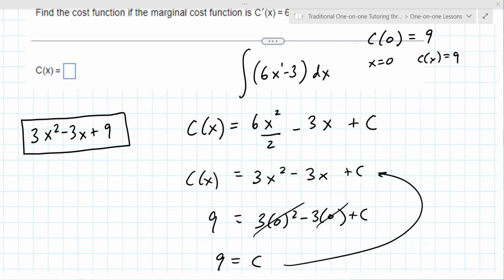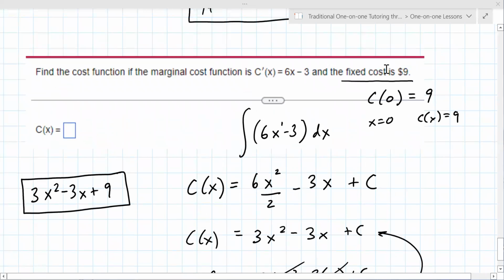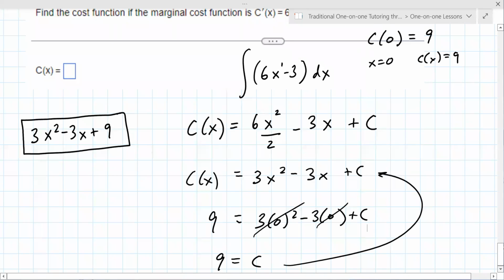Got it. Okay. All right. Now the value of C is not always the number they give you. Sometimes it is, but you don't want to generalize with that. You want to really be sure that it is that by solving it.